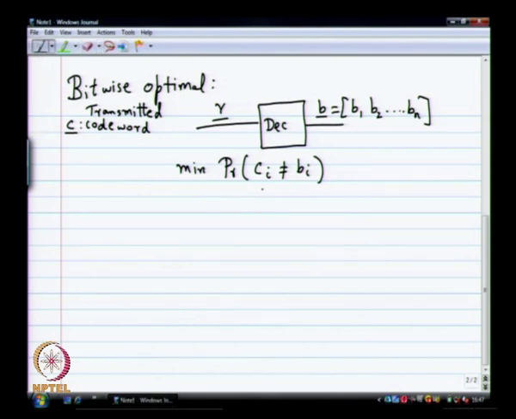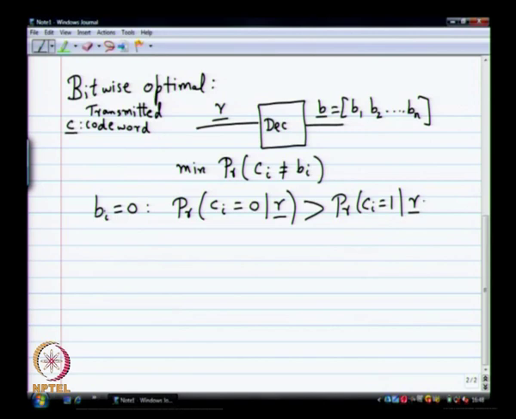So I said basically to do this, you have to say Bi is 0 if the probability that Bi, or Ci, sorry, that is where I made a mistake. I put Bi inside, I should have put Ci there. Okay, Ci equals 0 given the entire vector R is greater than the probability that Ci equals 1 given the entire vector R. Okay, so this is the rule which I said is equivalent to this.